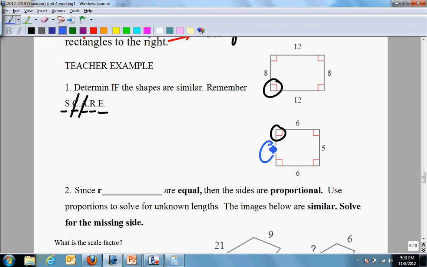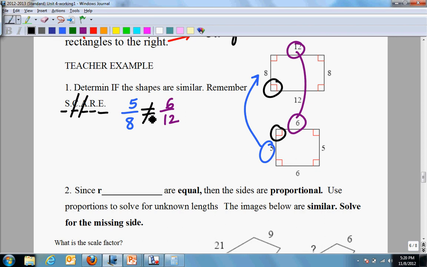We have 5 to 8, and then we have 6 to 12. If you were to cross multiply these would not be equal. They do not reduce to the same thing. This reduces to 1/2. This does not reduce any further. So we would say these shapes are not similar because the ratios are not equal, even if the angles are.